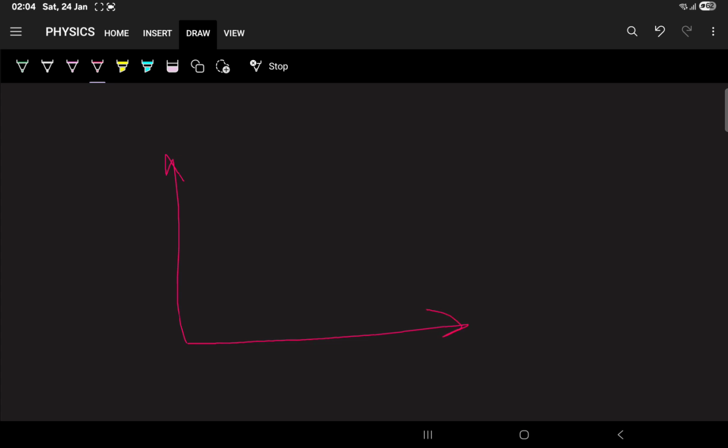So first of all, we're looking at the distance time graph. Now for constant or uniform speed in a distance time graph, we're having a straight line. For the constant speed or uniform velocity, we have a straight line.